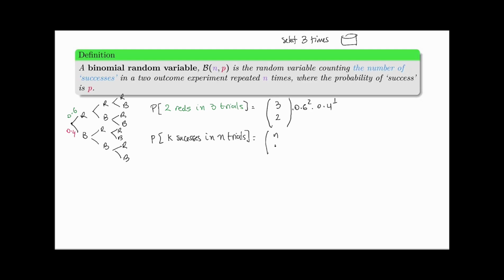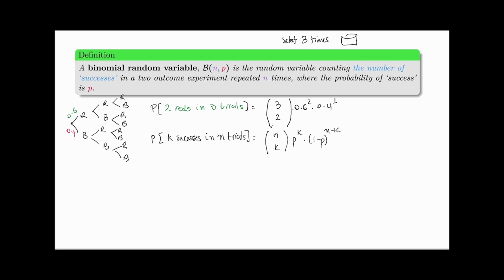This was the formula, n choose k. So in our case, 3 trials, k equal to 2 successes of the red, then the probability of the red 2 times, and the other probability just what's left, okay? This was the formula. I used the example just to get back to the formula.